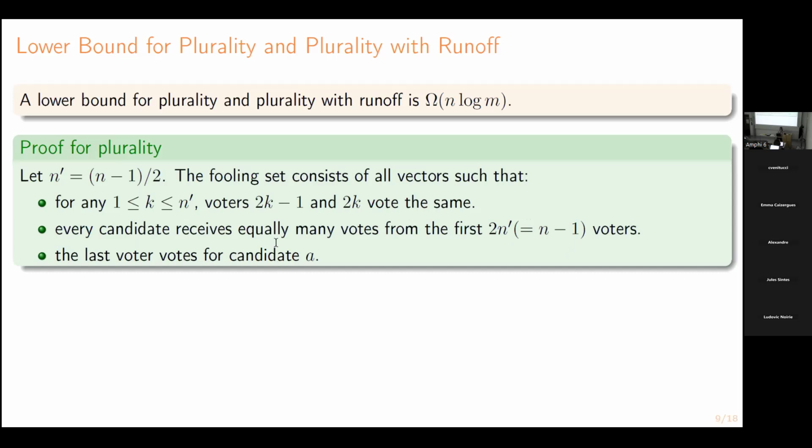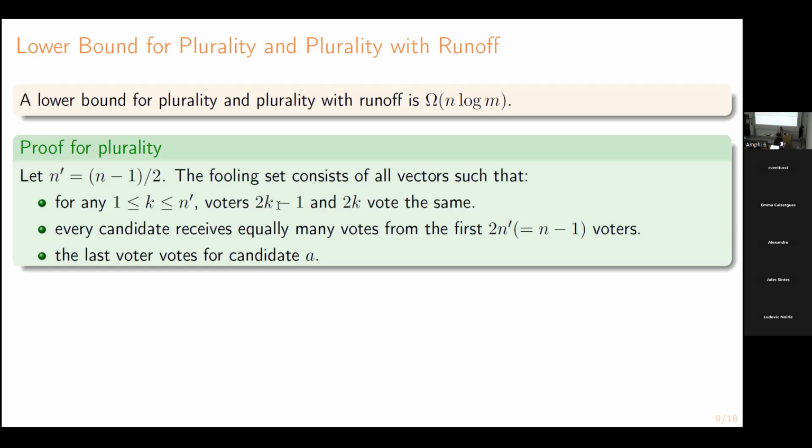And you also assume that every candidate receives equally many votes from the first to the n prime-th voters. So you have a condition here on n. n must be odd, because otherwise you cannot divide it by 2. I will explain later what this implies for this bound. But for the moment, let's assume n is odd, and let's construct the fooling set.